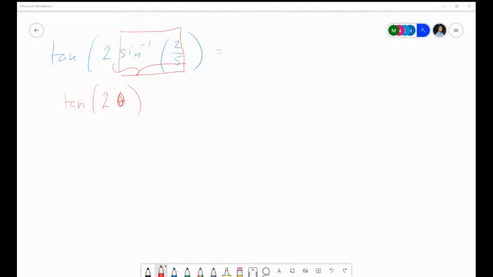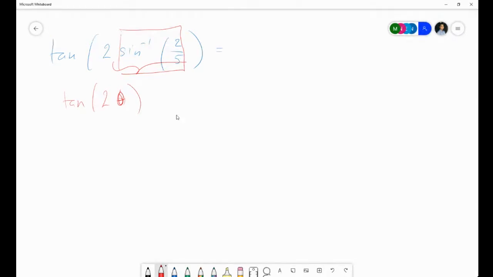Eric, what is the formula for tangent of 2 theta? Well, tan, I know, is opposite over adjacent. Yeah, but this is the double angle formula.